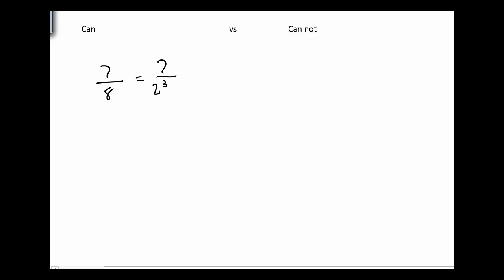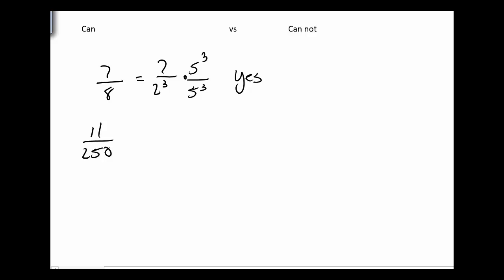So is there some way I can get a multiple of 10 in there? Yeah, I could multiply by 5 cubed over 5 cubed, which would give me 10 to the third power. So I could very easily convert that to a terminating form. So yes. What about 11 over 250?